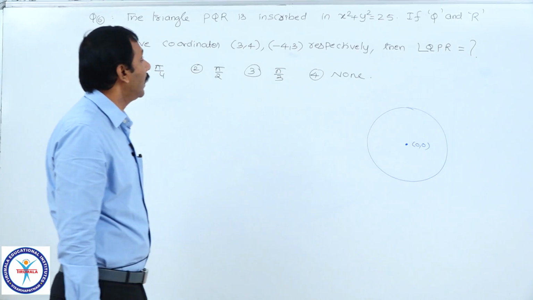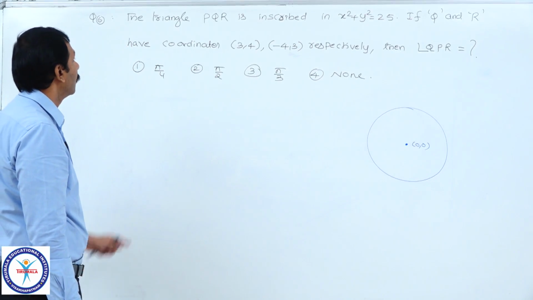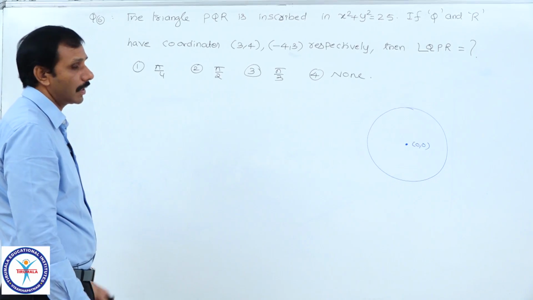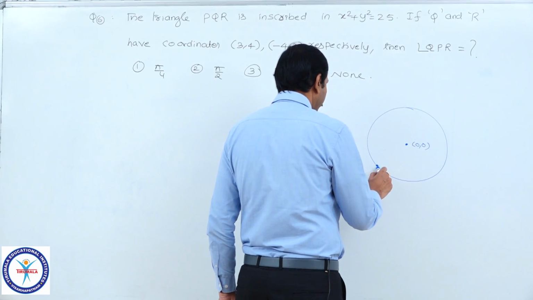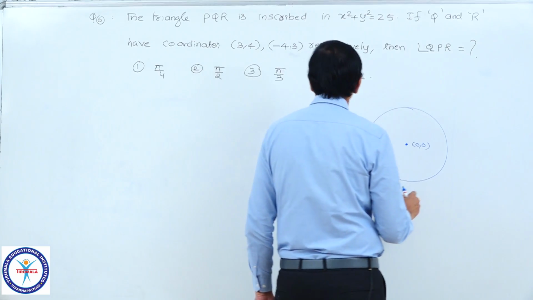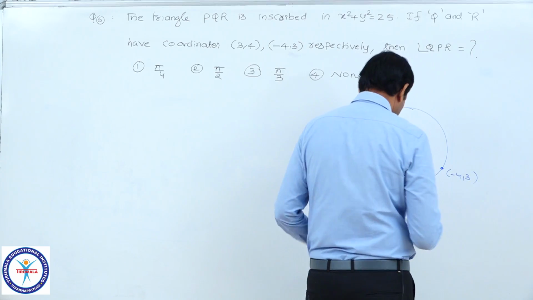Yes, it is a circle with center at 0 comma 0. Now triangle PQR is there, whose two coordinates are given, Q and R. Q coordinates are 3 comma 4 and R coordinates are minus 4 comma 3. Yes, I am taking here the points 3 comma 4 and here it is minus 4 comma 3.